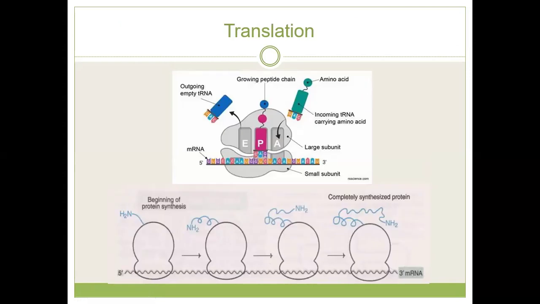So what happens in the case of translation? First of all, what is translation? Translation is the process through which the information in the RNA, basically the messenger RNA, is used to produce a protein. This process of protein production involves the messenger RNA, the ribosomal RNA, and the transfer RNA.